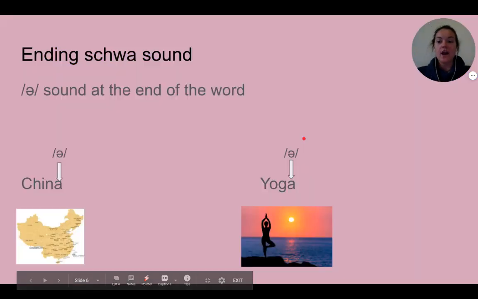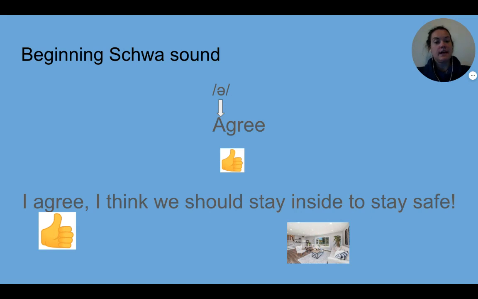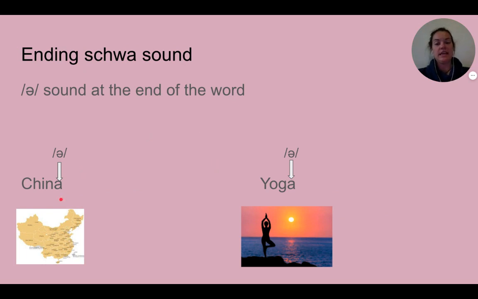Now, we can also have a schwa sound at the end of a word. Just like in the last slide, we have agree, where the A is at the beginning of the word. If the letter is at the end of a word, like chime, you also make the schwa sound. So, chime, okay?